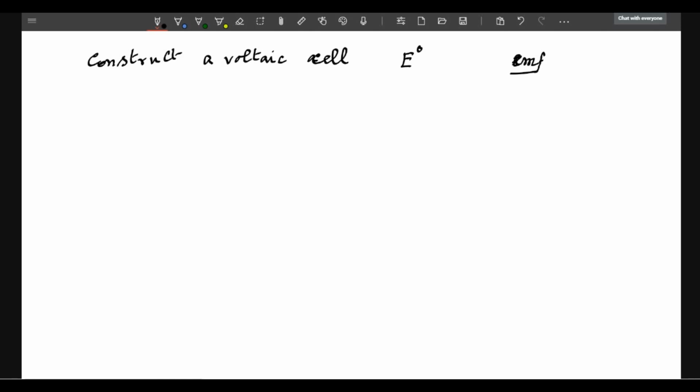After constructing this, many questions can be asked. Electrons are moving from which to which? Last day we discussed that. In which case is there electrode loss, and in which case is the electrode weight increased? And whether there is a movement of cations and anions. If cation movement is there, from which compartment to which compartment, and what is the net potential for this. Many questions can be asked.